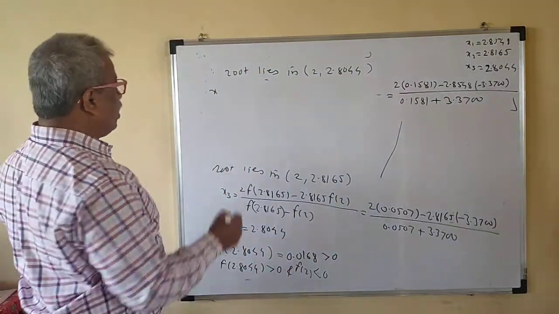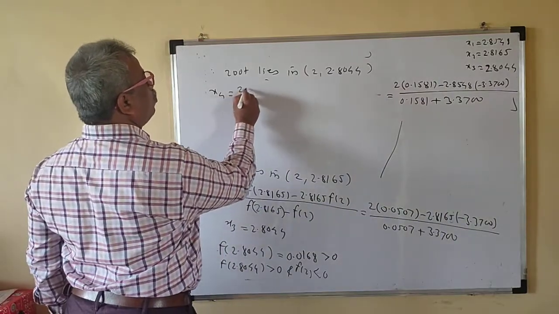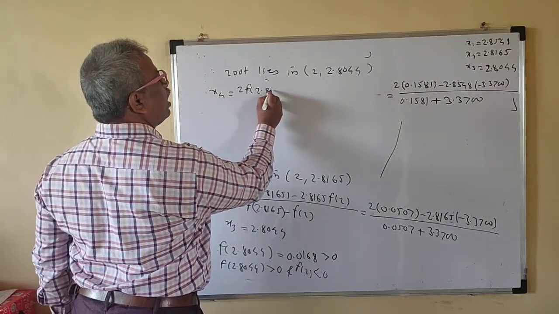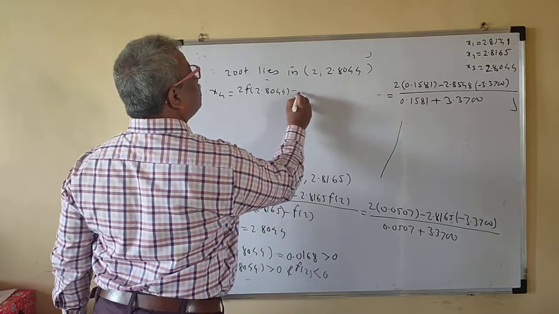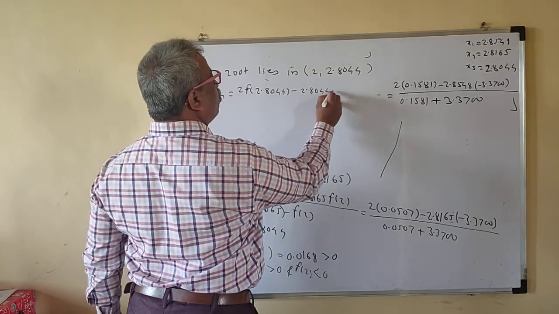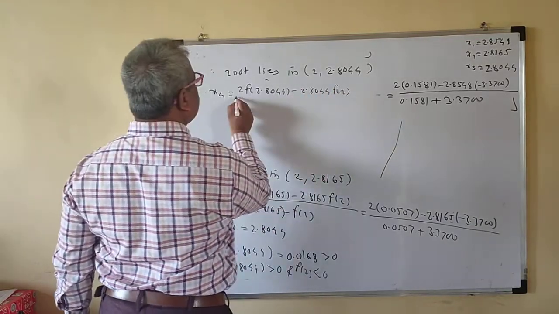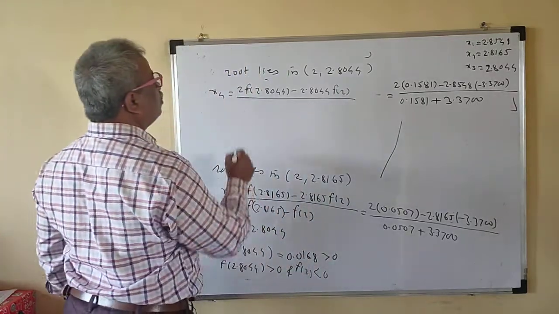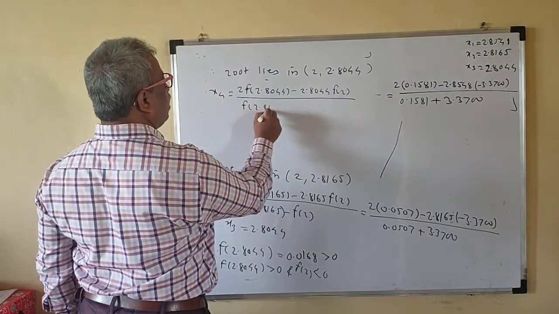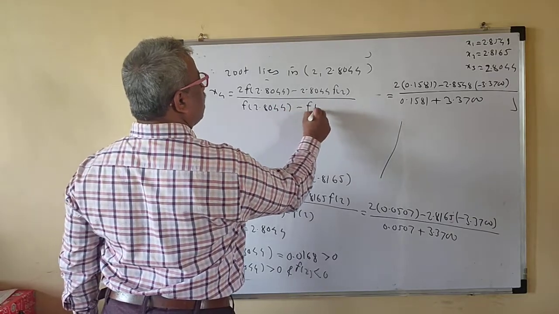Okay, x3 you got. Now we'll find x4. x4 is 2 into f of 2.8044 minus 2.8044 into f of 2, upon f of 2.8044 minus f of 2.